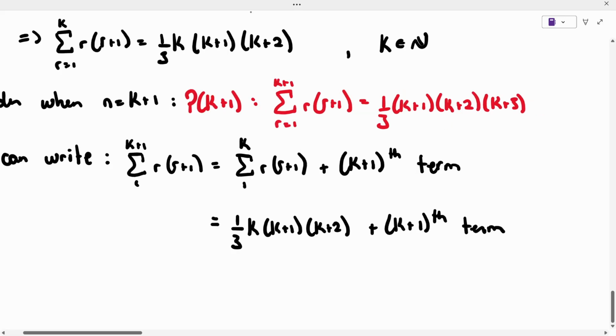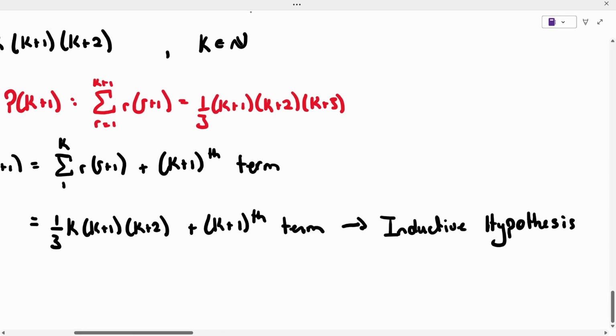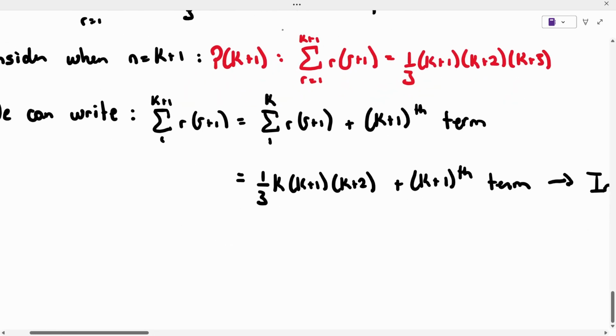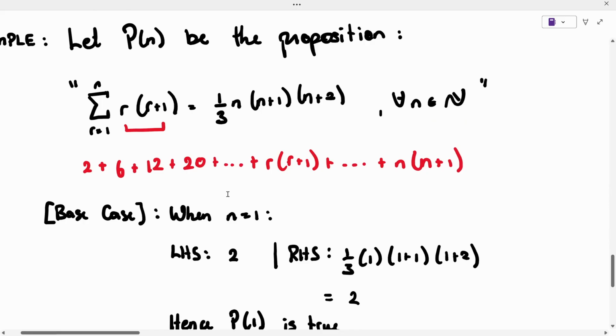And how do we get this? This came directly from our inductive hypothesis. Nice. So what is the (k plus 1)th term? Is it just k plus 1? No, because back up here, I was explaining any term is of this general form.